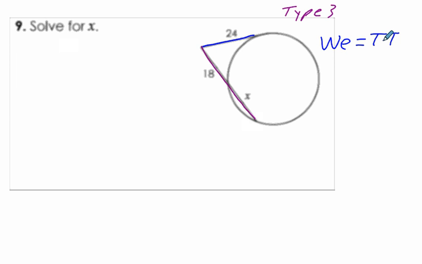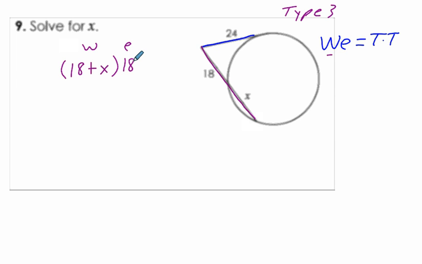Okay? So we're going to kind of start off the same way. We're going to start off with the secant line. So remember the W stands for the whole line. So that means I've got to add the exterior part plus the interior part. So that's your W. Then your E for your secant line is 18.